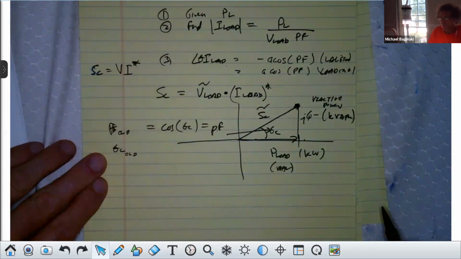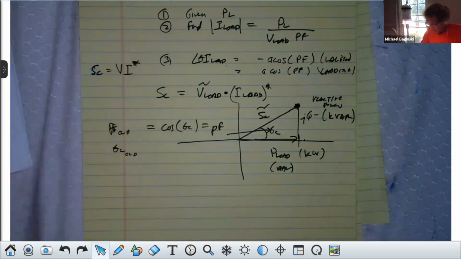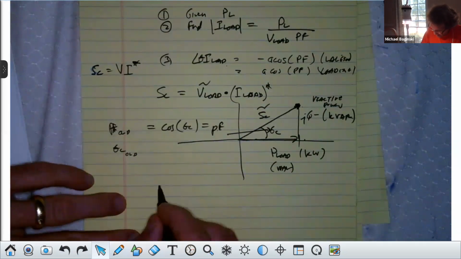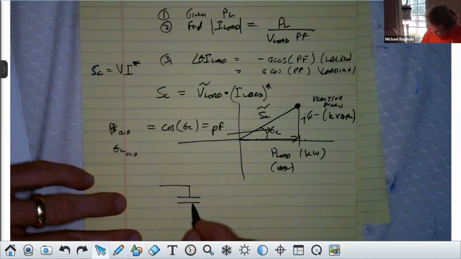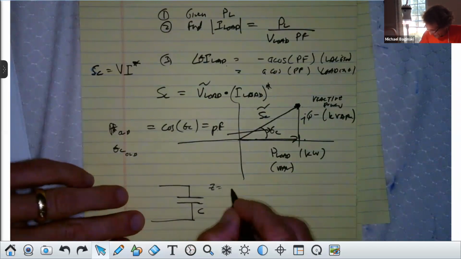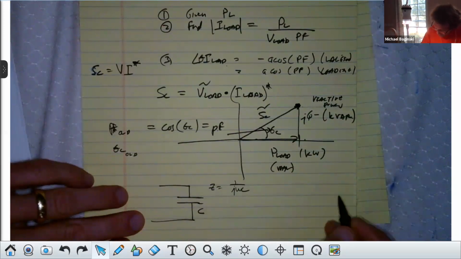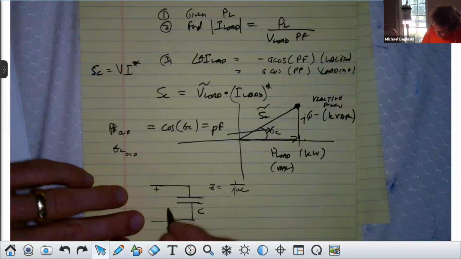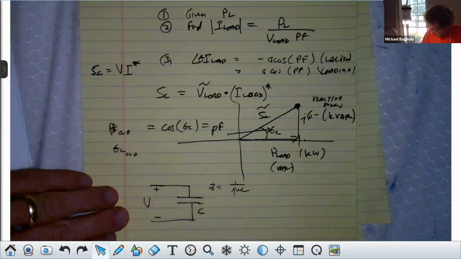And in general, when we put a capacitor across this, as I talked about last time, the capacitor itself has no real power dissipated. So that capacitor has a reactive value, a Z value of really 1 over J omega C. If we put a load across here, voltage V can be anything.